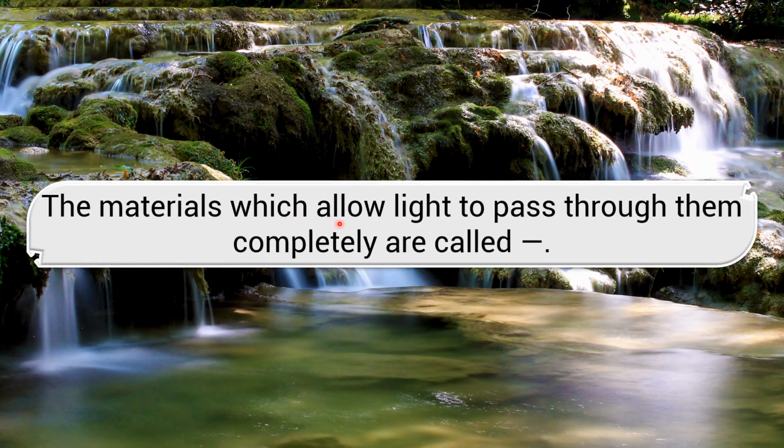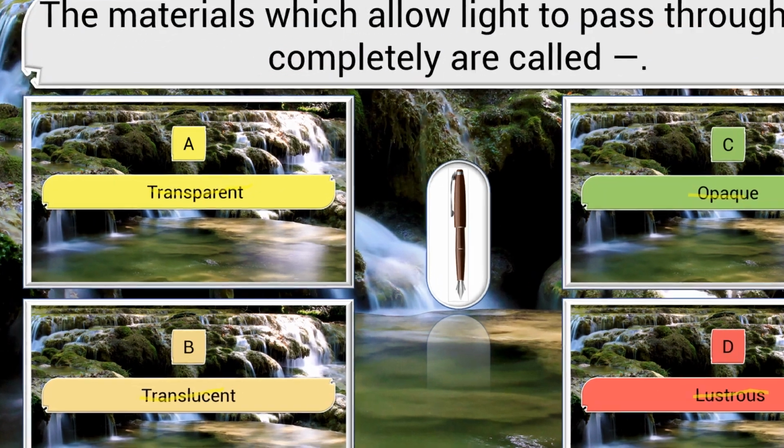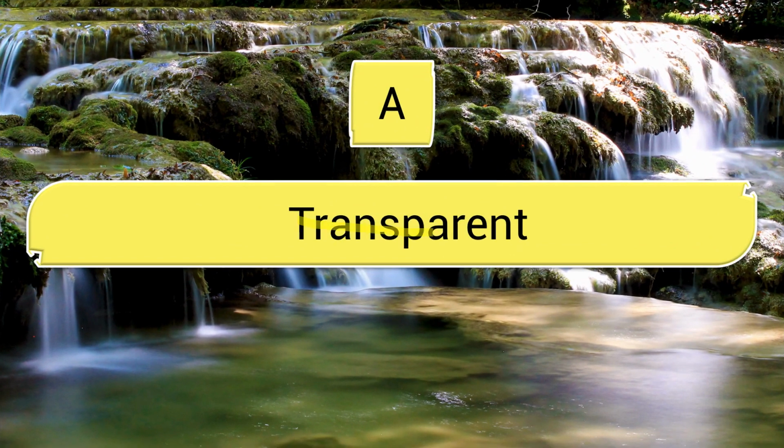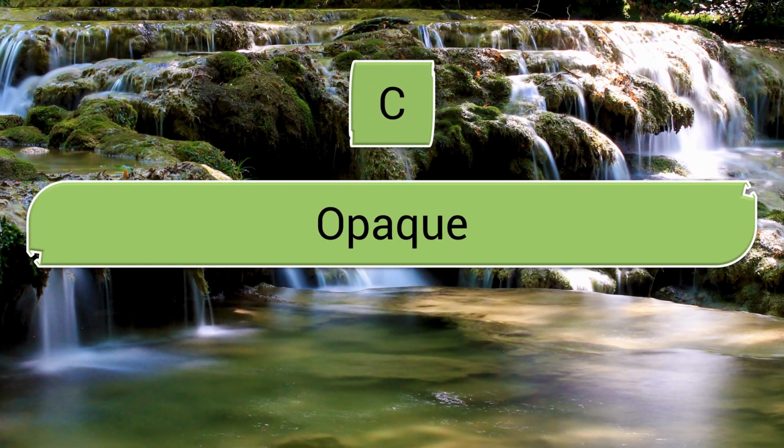The materials which allow light to pass through them completely are called, are they transparent, translucent, opaque, or lustrous?